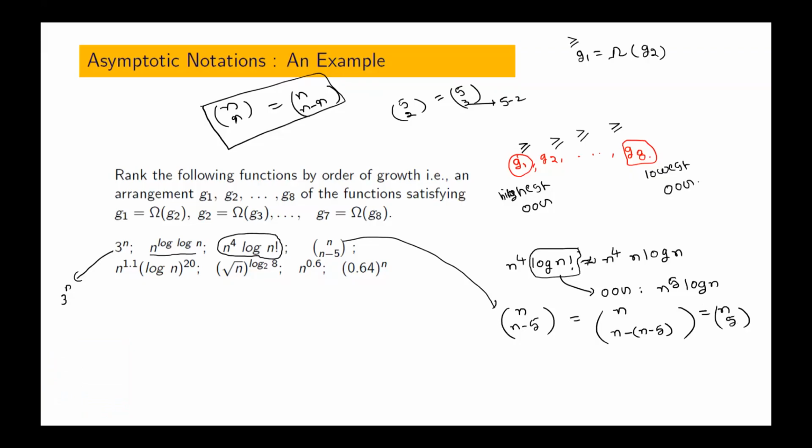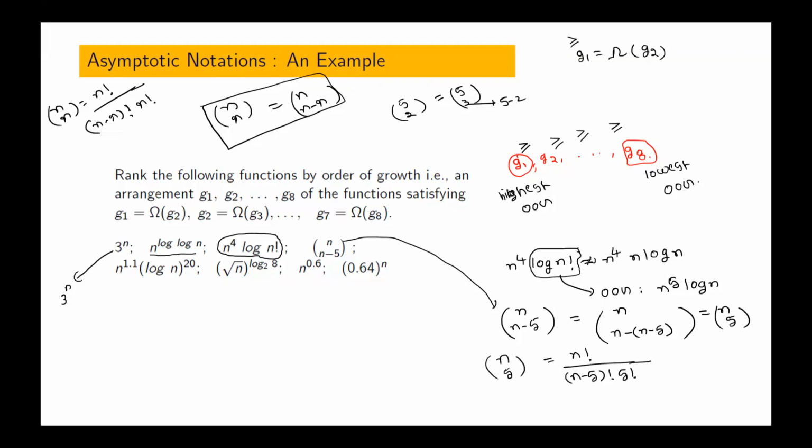What is the nCr formula? All of us know nCr, no? nCr is n factorial divided by (n minus r) factorial into r factorial. So based on that, nC5 can be written as n factorial by (n minus 5) factorial into 5 factorial.